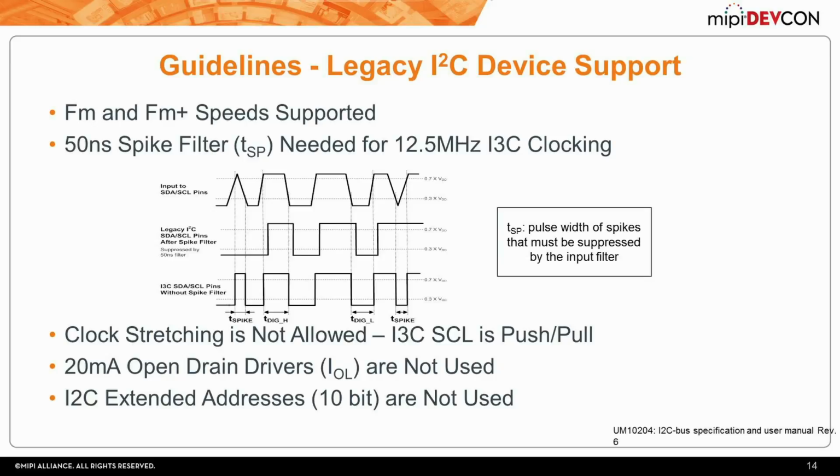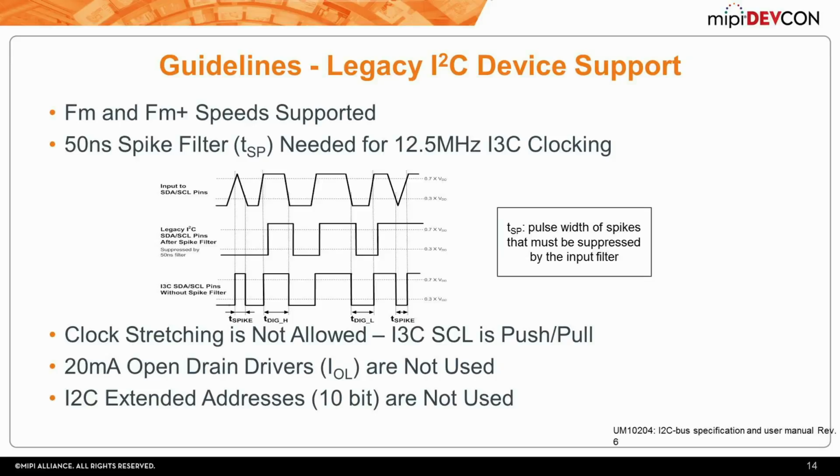Let's talk about these key points for legacy I2C devices. The devices that will certainly be compatible on the bus are FM and FM plus speed devices, so the 400 kilohertz and 1 megahertz I2C devices, which are the glut of the devices used in mobile handsets and wearables today.